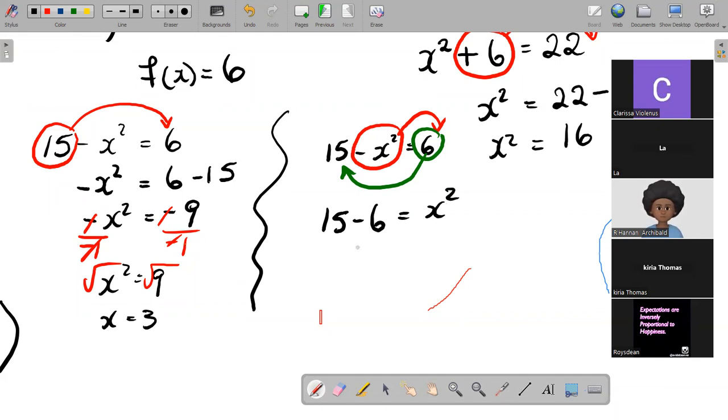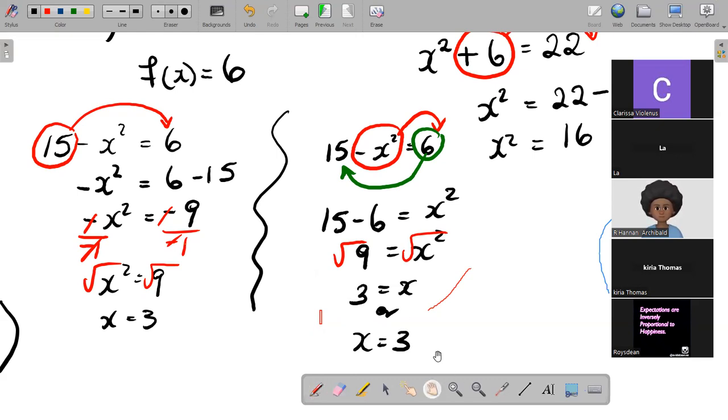And from here, you would have 9 is equal to x squared. Instead of leaving it like this, you just switch it around. But let's square root both sides. The right way, x is equal to, not 9, sorry, 3. X is equal to 3.